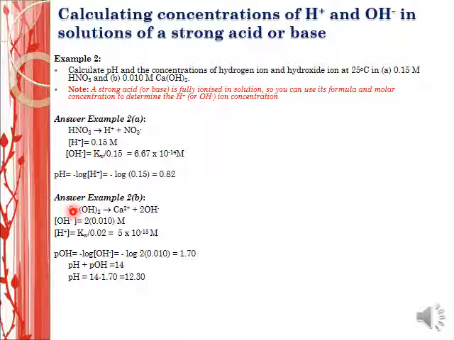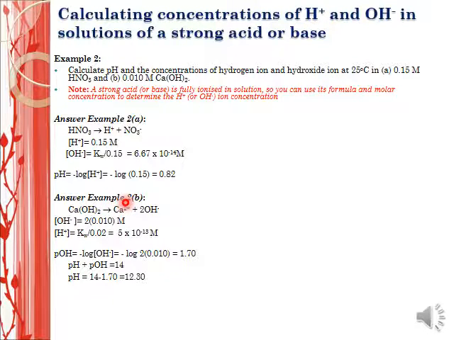Now the second solution is calcium hydroxide. Similar to the nitric acid, we write the dissociation of calcium hydroxide into ions, which are calcium 2 plus and hydroxide ion. For this case, you have to balance the reactant side and the product side. The reactant has one calcium.